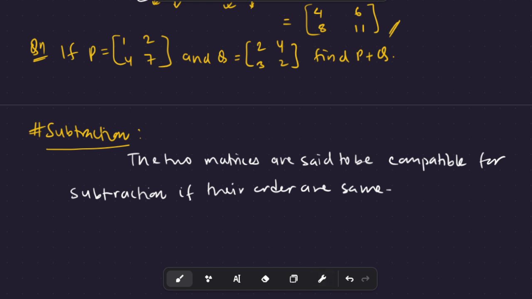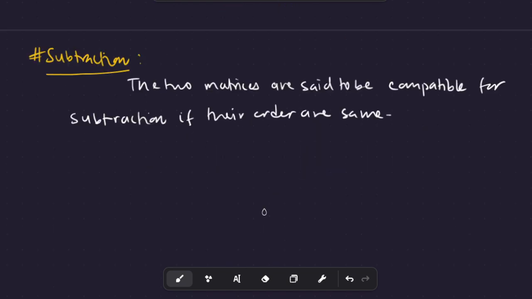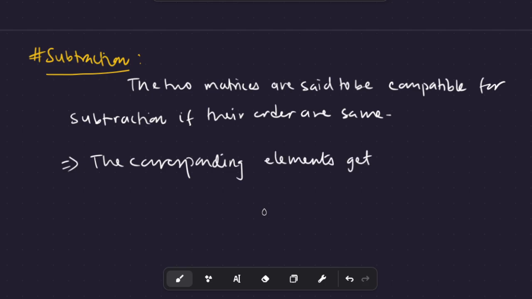In addition and subtraction, only if the two matrices have the same order can they be added or subtracted. If the two matrices have different orders, then they can neither be added nor subtracted. The process is also the same: the corresponding elements get subtracted.